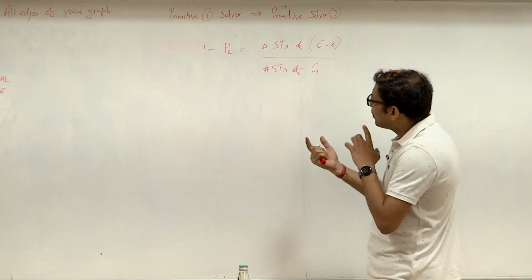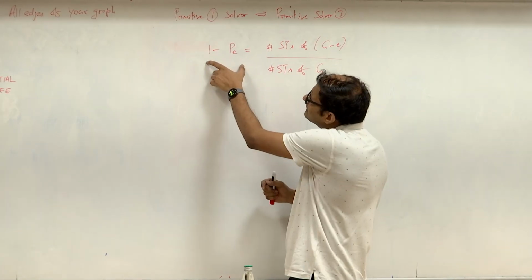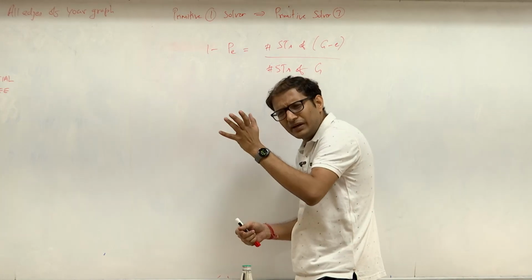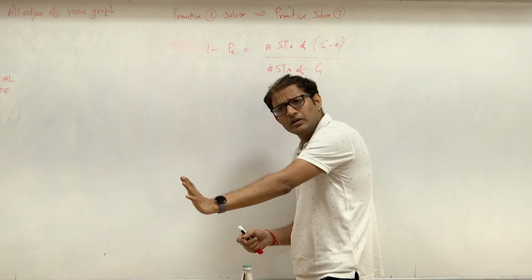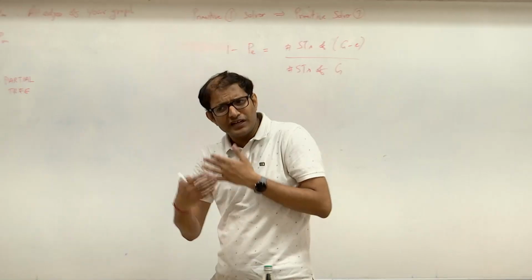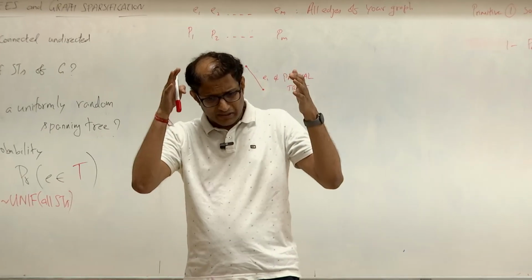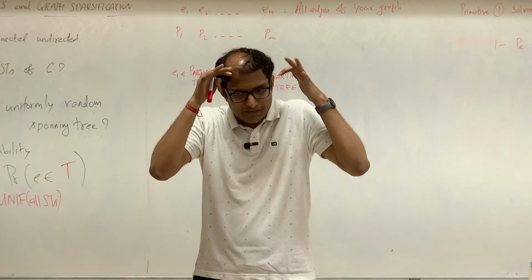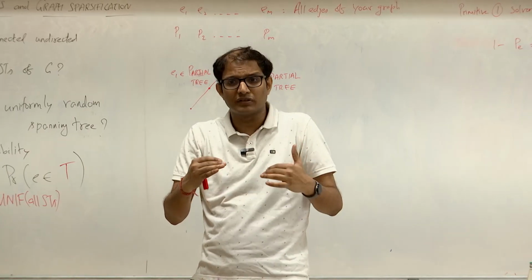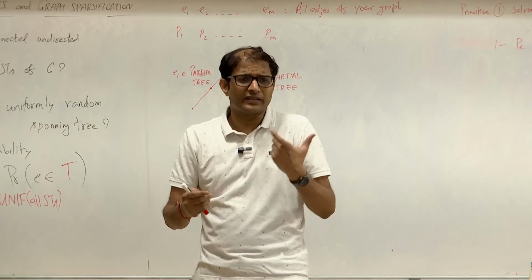In fact, if you do not want to do this 1 minus business, you could estimate P directly by looking at a different graph. So can somebody tell me a different graph where I will again look at the number of spanning trees of a certain graph in the numerator divided by the number of spanning trees of G in the denominator, and this ratio directly measures P_e? What graph am I thinking of?